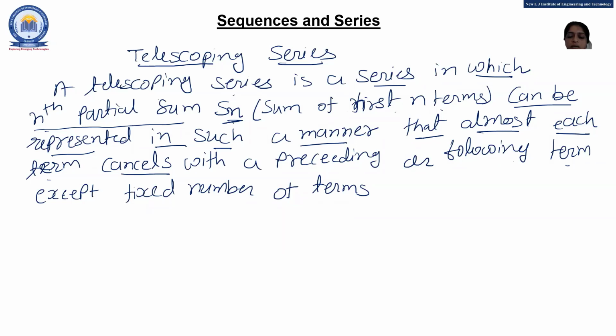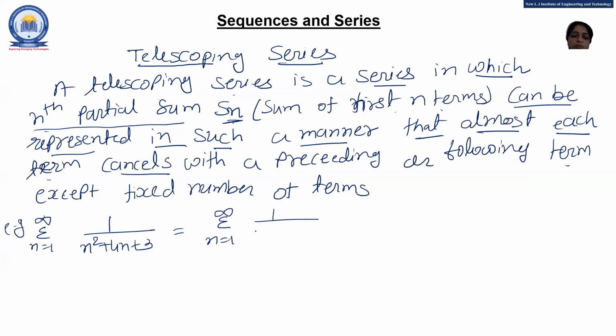Let me give you one example of a telescoping series. Suppose I have a series 1 upon n square plus 4n plus 3, summation n from 1 to infinity. I represent this series in factor form: n square plus 4n plus 3 is n plus 1 into n plus 3, so 1 upon n plus 1 and n plus 3.